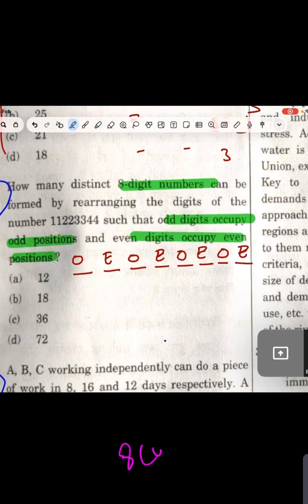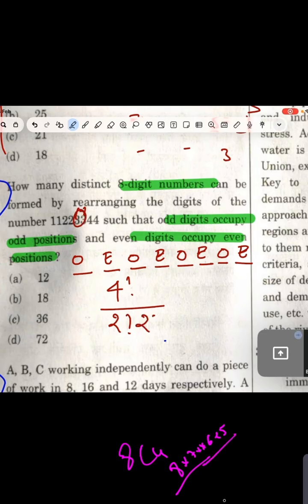So, guys, tell me how many odd are there? Four. Four odd are there. So here 1 is 2 times and 3 is also 2 times. So the number which is repeated, you have to divide by that again. So 1 is repeated 2 times, 2 factorial divided by 2 factorial. 3 repeated 2 times, so again 2 factorial.